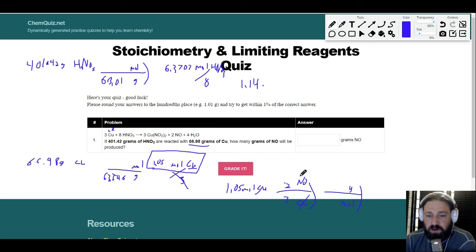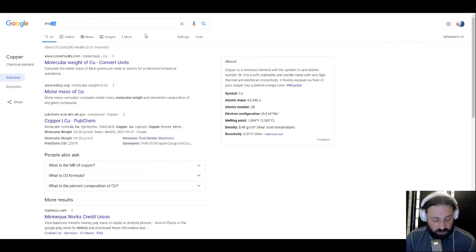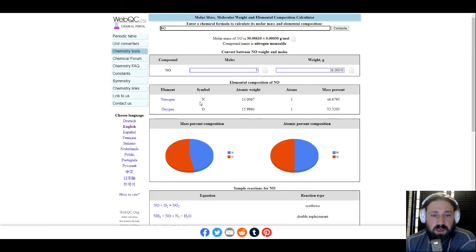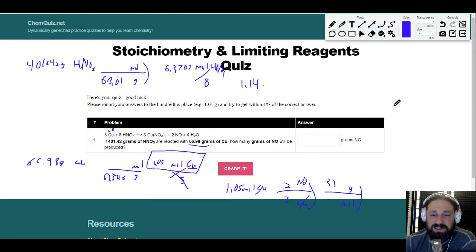Now I'm doing the converting moles to grams step. This is going to be 31 grams per mole. If you really wanted to make sure, the molar mass of NO is 30.006. I was wrong. It's not 31, it's 30.